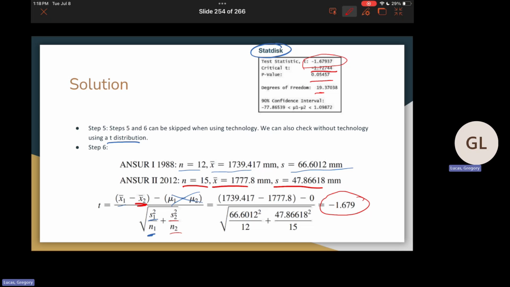It is always more accurate if you use technology to do it, but 99.9% of the time you'll get the same answer just by doing n minus 1 of the smaller n. But if you have technology, use the number they give you. And it will also compute a confidence interval for us as well. So I have StatDisk up here, but SPSS does the same thing, and we'll look at that in our lab, how to find all these values.